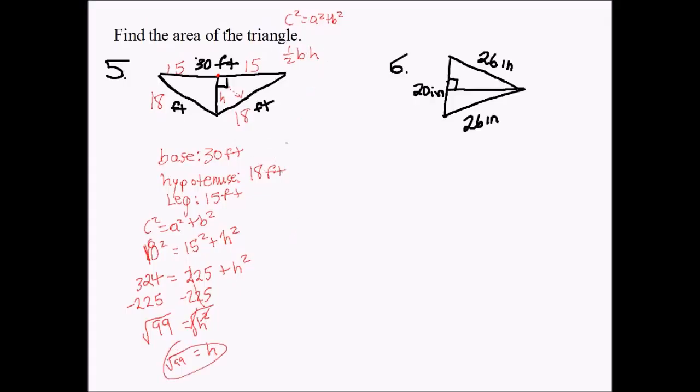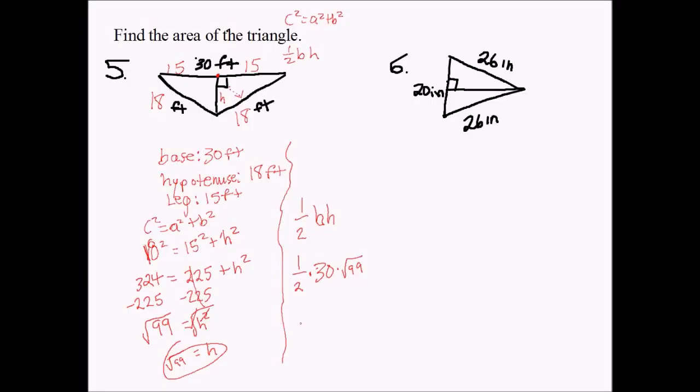So now we have 1/2 base times height. So in your calculator, you're going to type in 0.5 or 1/2, however you prefer, times 30, times the square root of 99, which is your height.